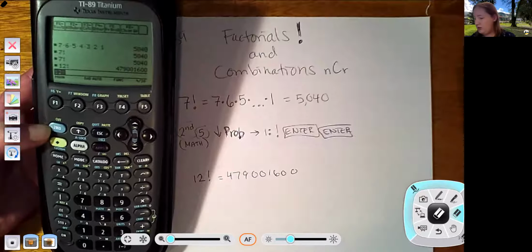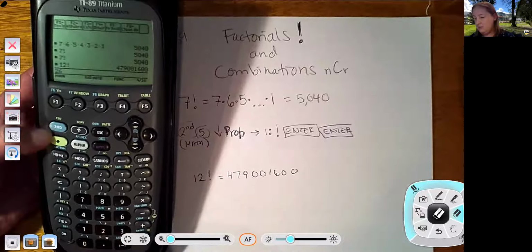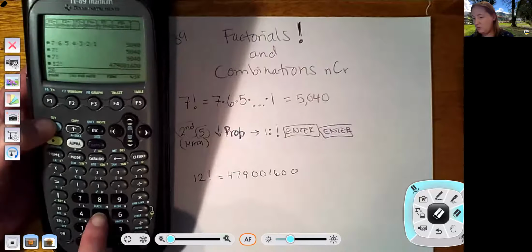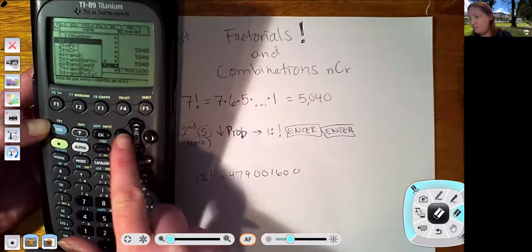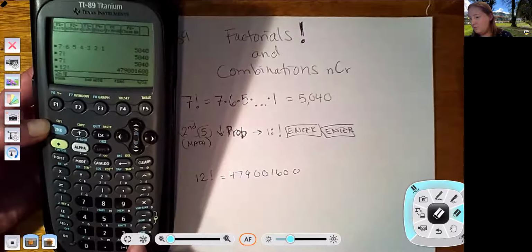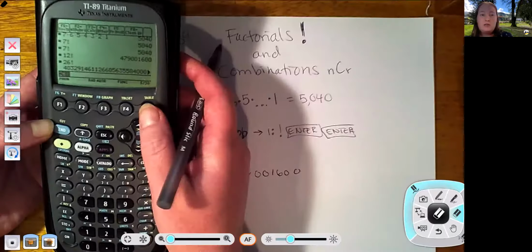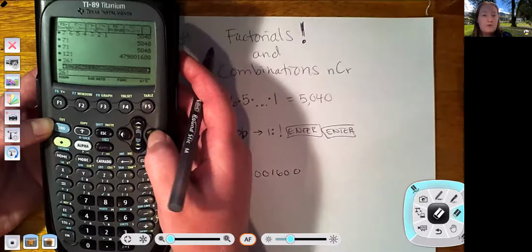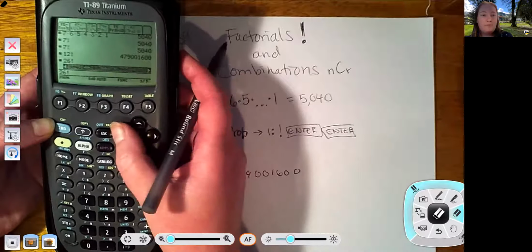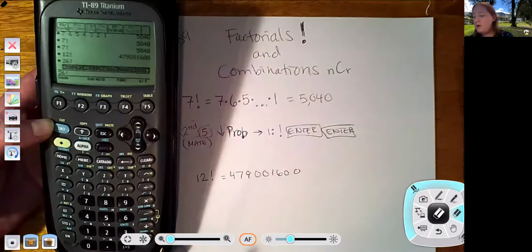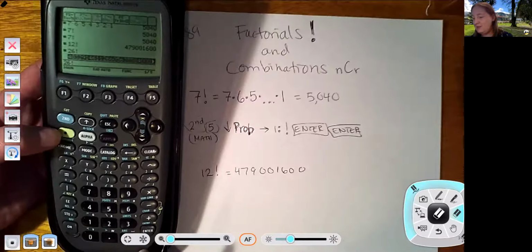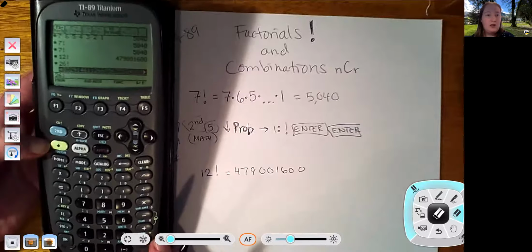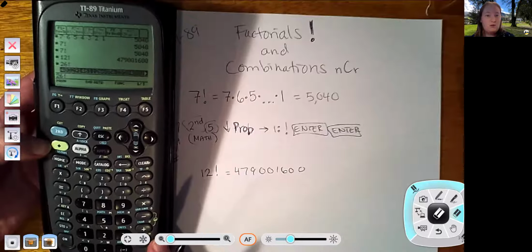Now let's try like 26 factorial. And now you can see it is so large that I even have to scroll over to get it all. The other option, if you wanted to write this in scientific notation, is to hit the diamond and enter.